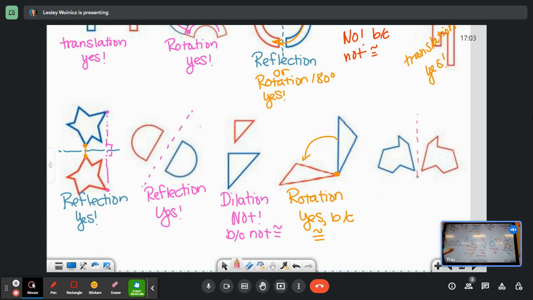This is a reflection in that line of symmetry. And this is an isometry because those crazy bunny heads are congruent. Okie dokie.